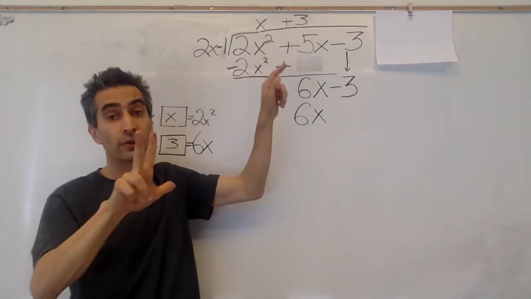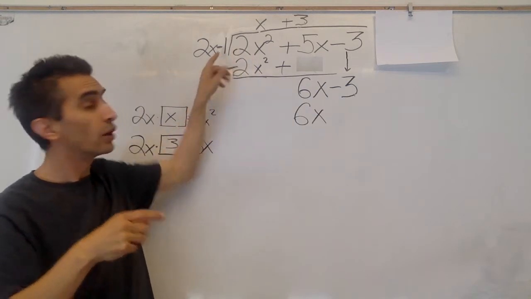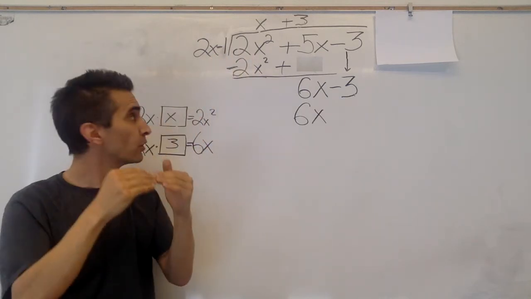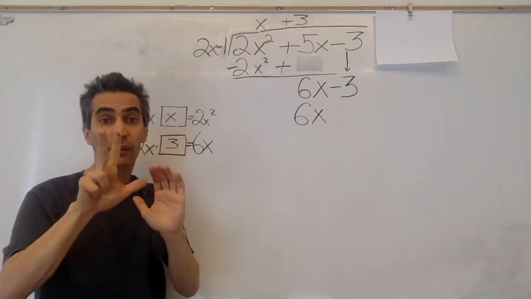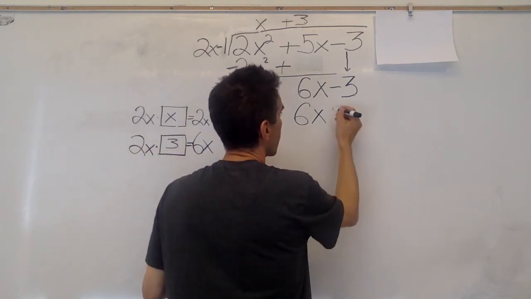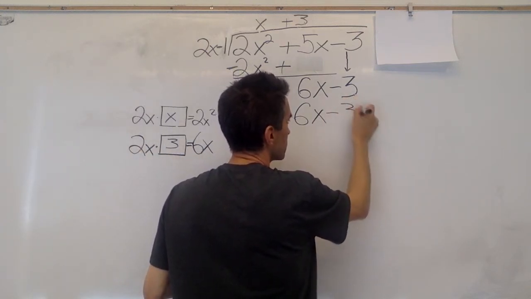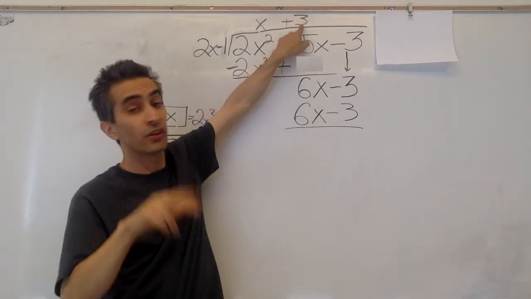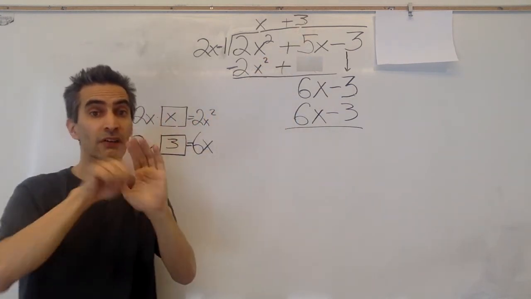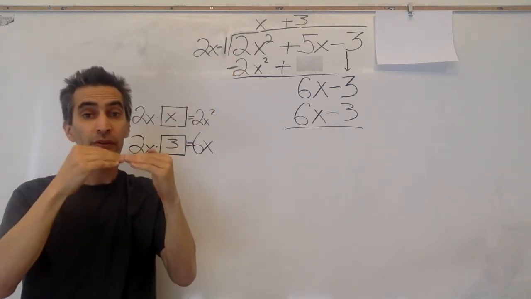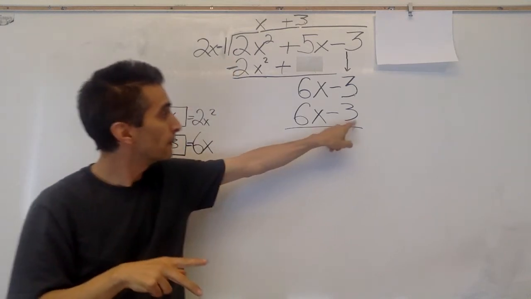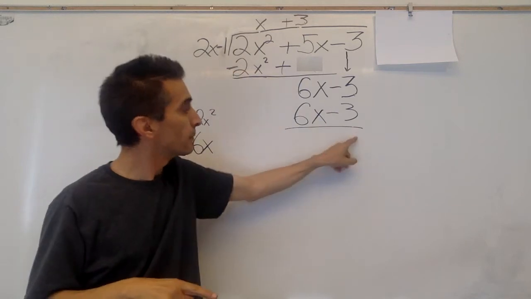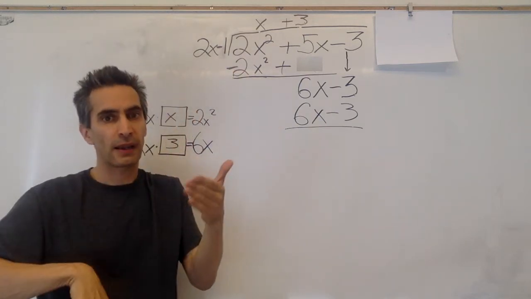Next, I've got positive 3, and I multiply it with negative 1, and that equals negative 3. Now, what do we do? Subtract.